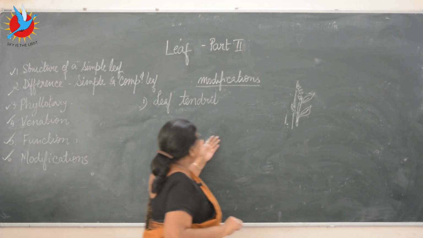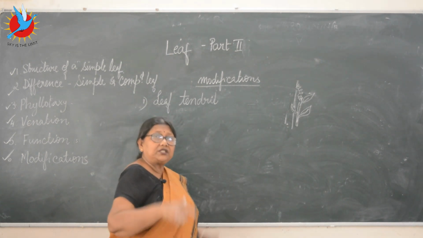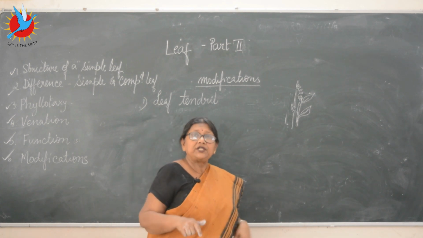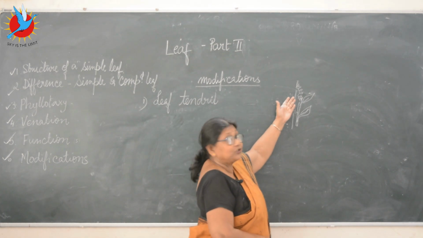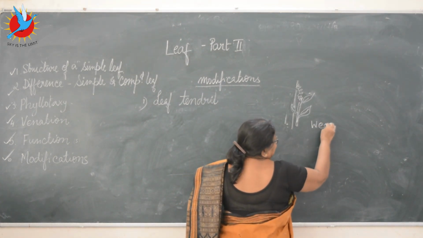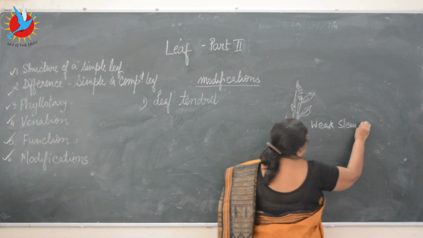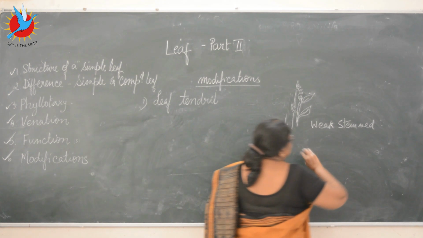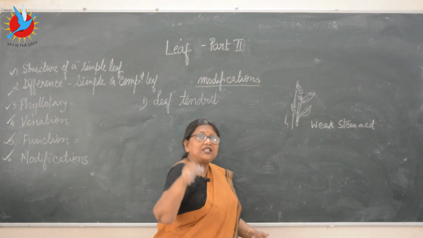Now obviously, if the plant is straight, erect, and has good support, it will stand on its own. But which plants will need the support? Obviously the weak stem plants. The weak ones which cannot stand on their own, which need a little extra support, like children.